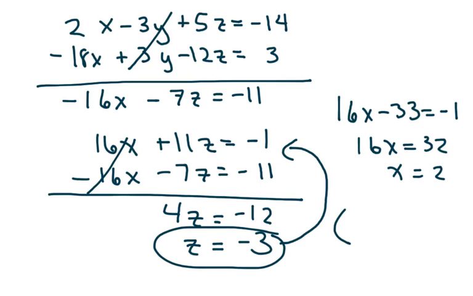So for our 3 system, we have a 2 and we have negative 3, but we still need to find our y. We eliminated y, so all we're going to do is plug these 2 back into one of our original equations, and when you substitute, let's use the first one, or let's use the last one.